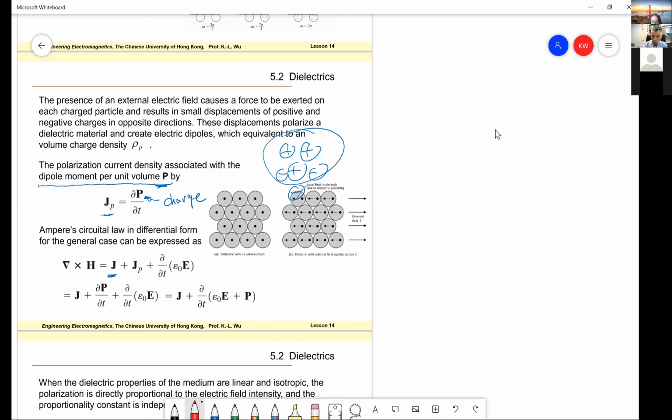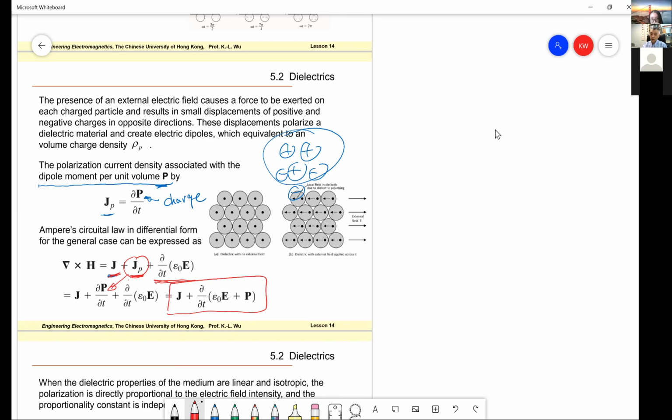This is a newly introduced current, the current formed by the polarization. Then this is the original displacement current, which is replaced by this relation. So we can still rewrite Ampere's law in the same form as in free space.